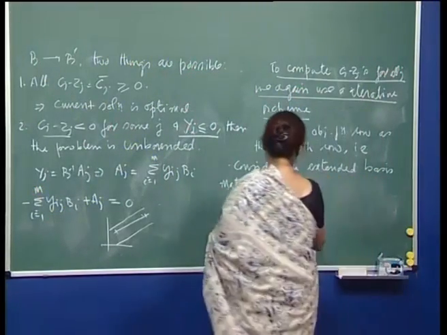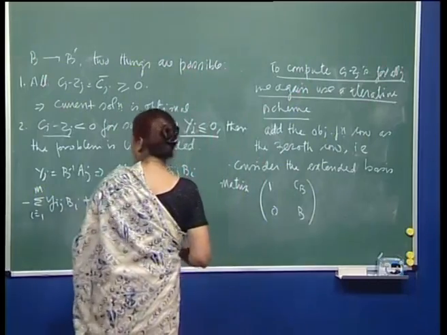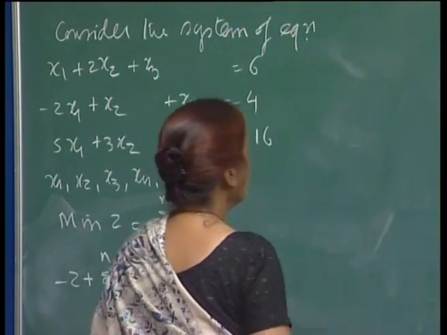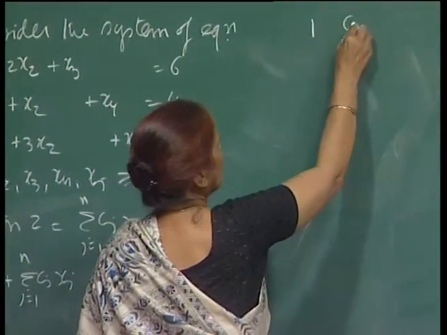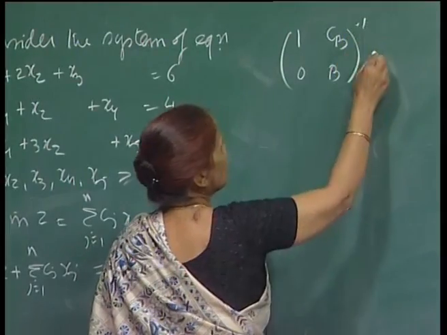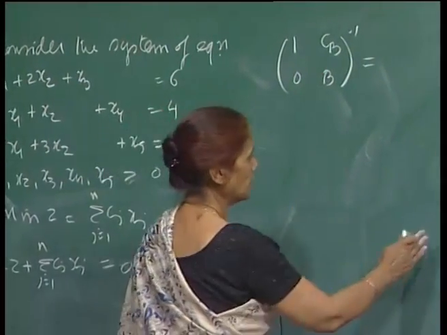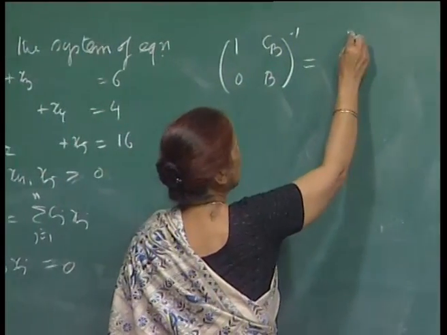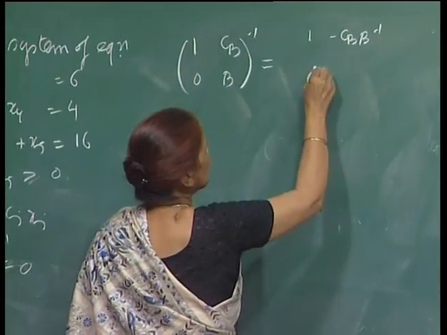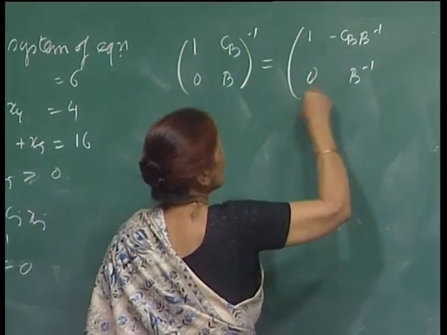Okay. So, this is now m plus 1 by m plus 1, and if you look at the inverse of this, which you can sit down and verify for yourself, it would be actually 1, minus Cb b inverse, 0, b inverse.